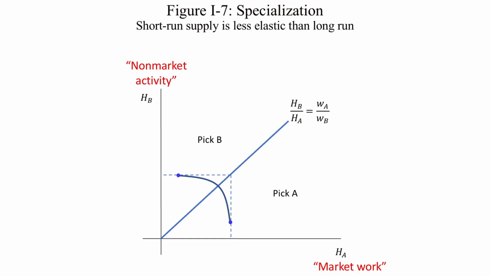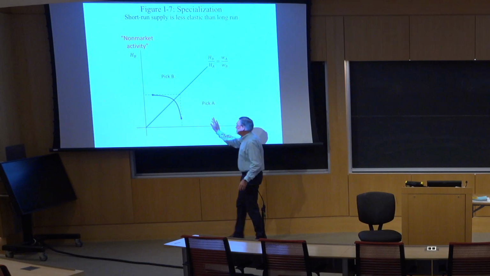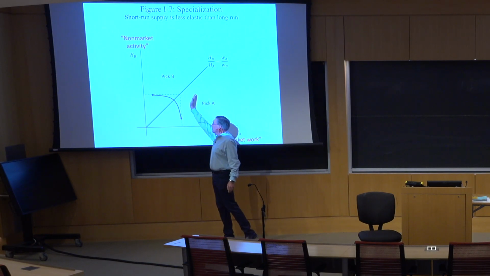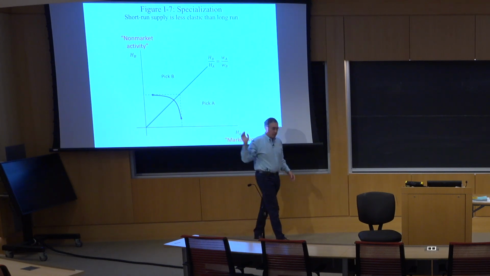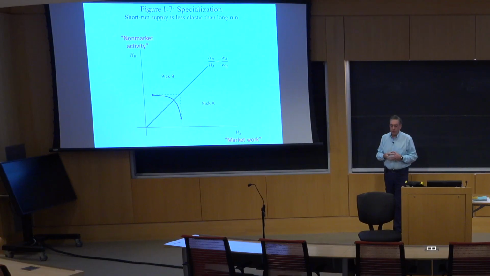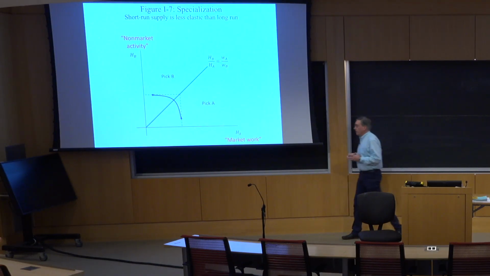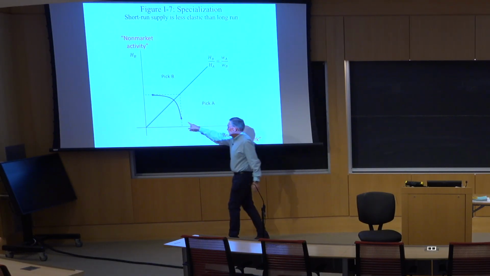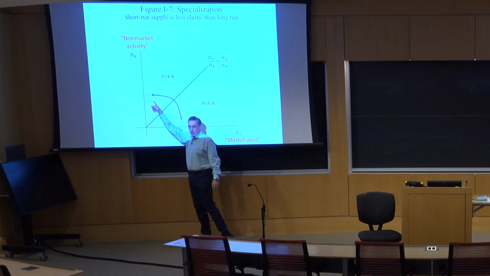So what can happen if we encourage people, we rotate this ray clockwise, and we encourage some people near the margin to leave market work and go to non-market work, that's going to affect their human capital. They're not going to be aiming for this blue dot anymore, they're going to be aiming for that blue dot.